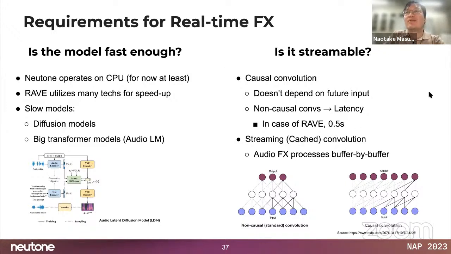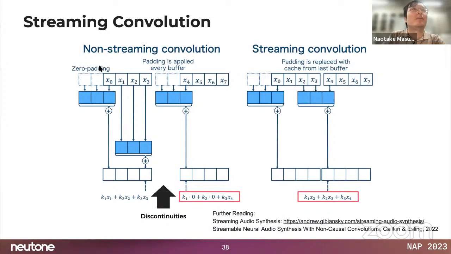Another thing is streaming convolution, or cached convolution. I'll show a big diagram. These are buffers, this is the first buffer and the second buffer. If we apply standard, non-streaming convolution on these buffers, convolutions usually have a zero padding operation. This zero padding is applied to this buffer and also the second buffer.